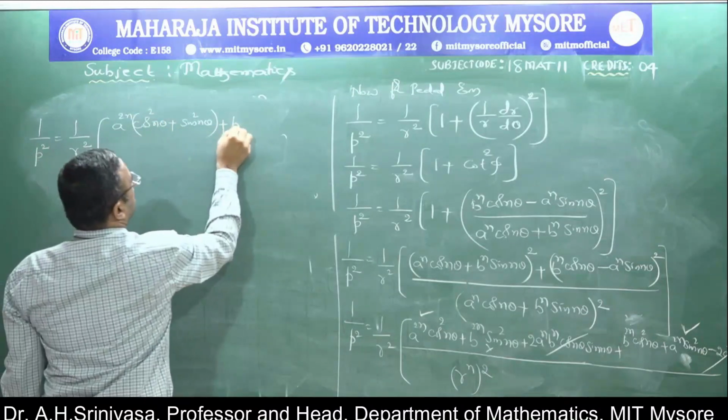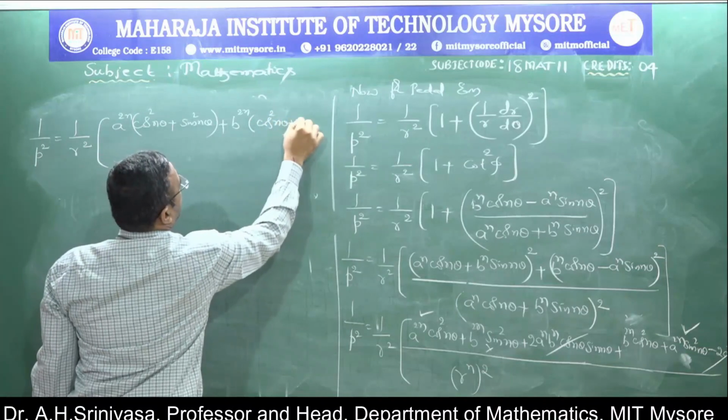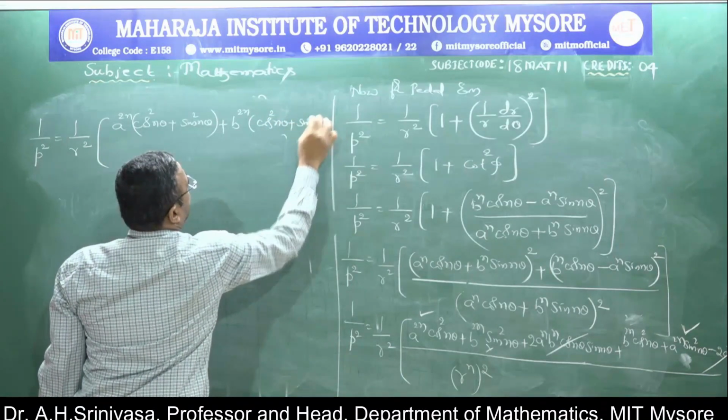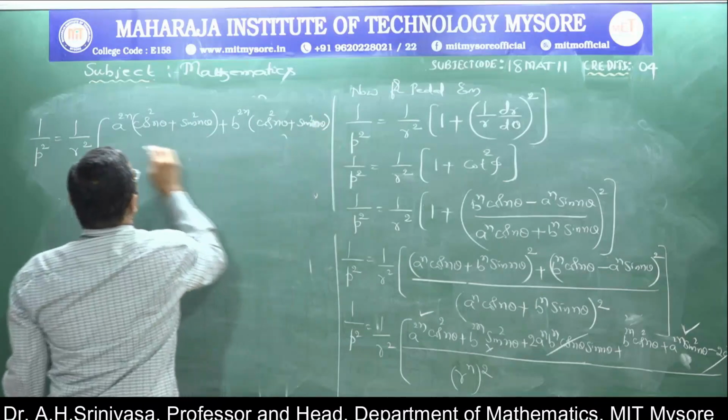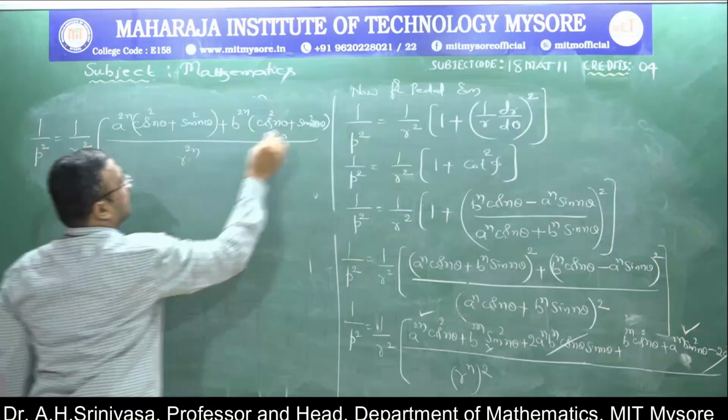In the other part, if you take b power 2n, again we get cos square n theta plus sin square n theta. Then all divided by r power 2n.